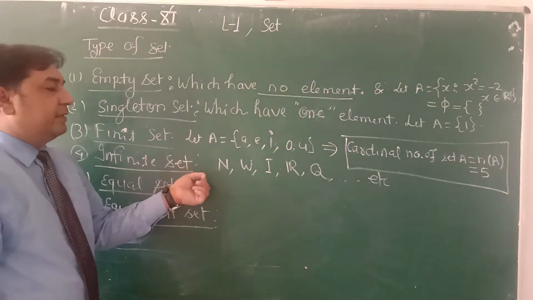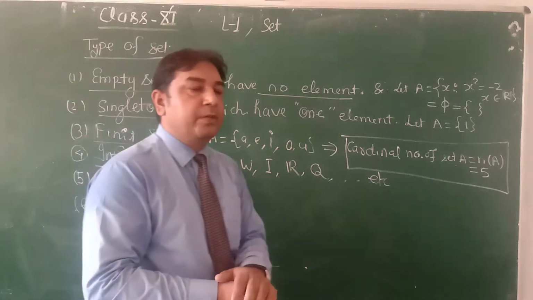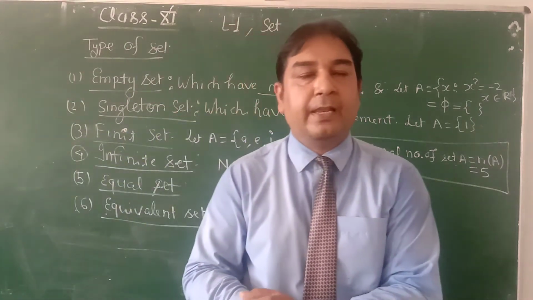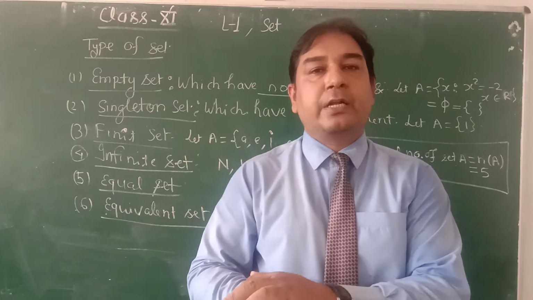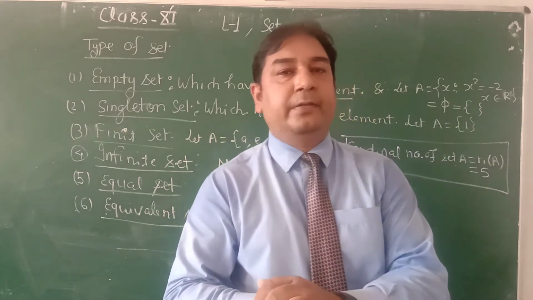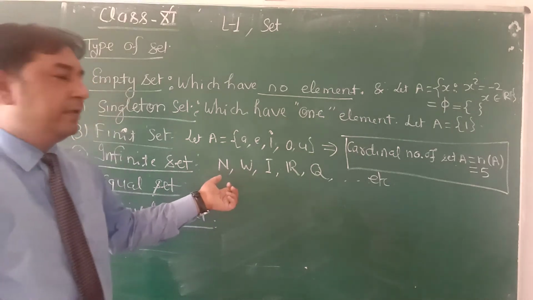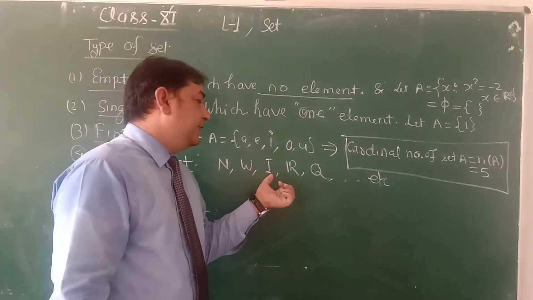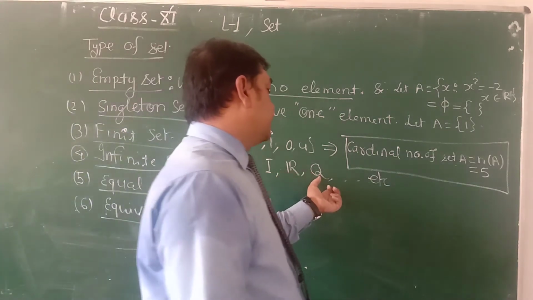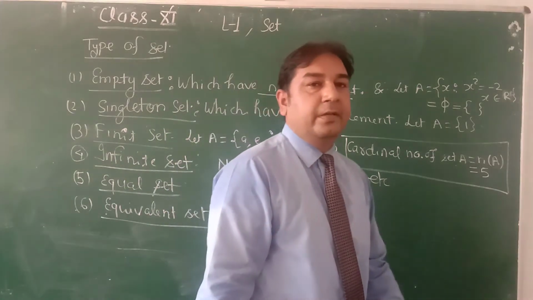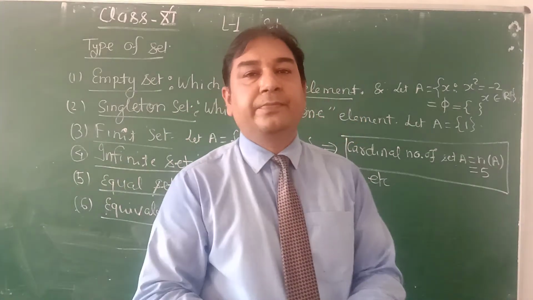Fourth is the infinite set. Infinite sets are those sets which have an infinite number of elements. We cannot count them. For example, the set of natural numbers, set of whole numbers, set of integers, set of real numbers, set of rational numbers, set of complex numbers.